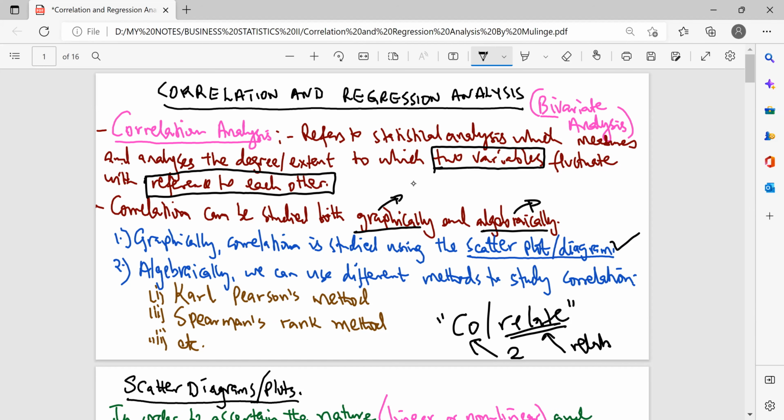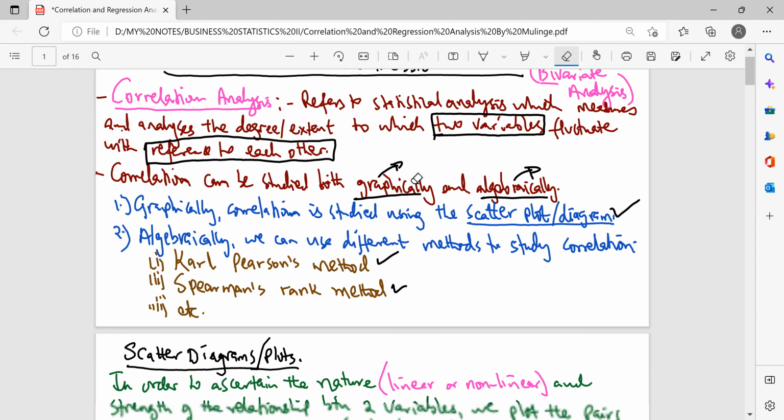Then algebraically, we study correlation using various methods, including the Karl Pearson's method and also the Spearman's method, among other methods. So in this class, our focus will only be the algebraic method suggested by Karl Pearson, and also the method suggested by Spearman.